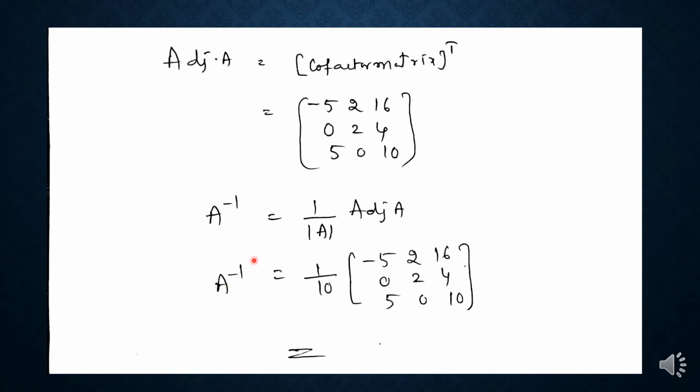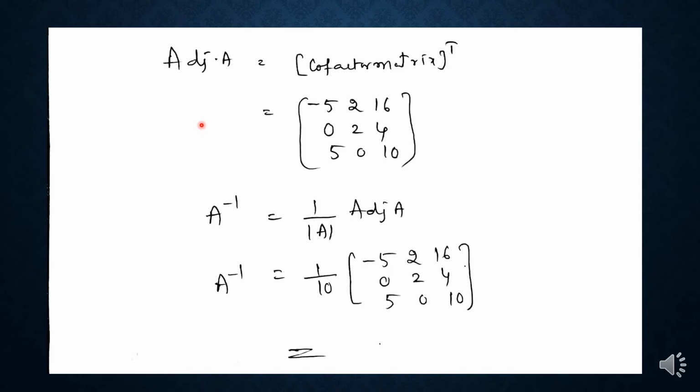So after confirming that the given matrix is a non-singular matrix, then find the cofactor matrix. So what is the cofactor matrix? By finding the cofactors for each and every element in a given matrix, and by replacing the elements with their cofactors, that is called as a cofactor matrix. Then what is adjoint A? Adjoint A means transposing that cofactor matrix.